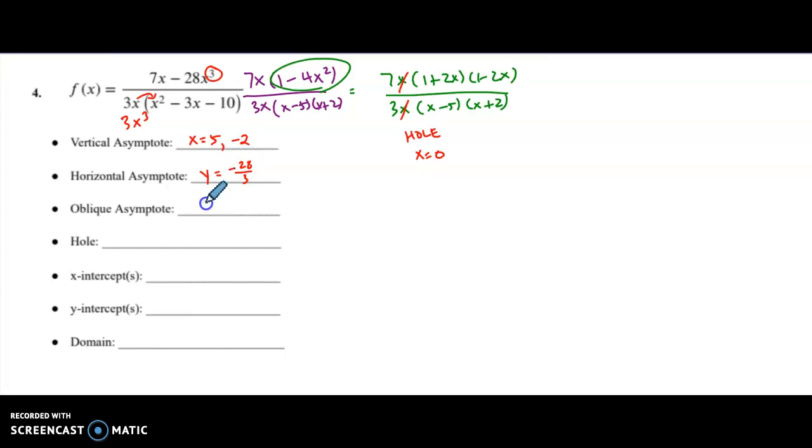Since there is a horizontal asymptote, then there is no oblique asymptote. For the hole, we said that it's going to be at 0, but 0 where? What we're going to figure out is you're going to plug in 0 into the reduced, simplified version.